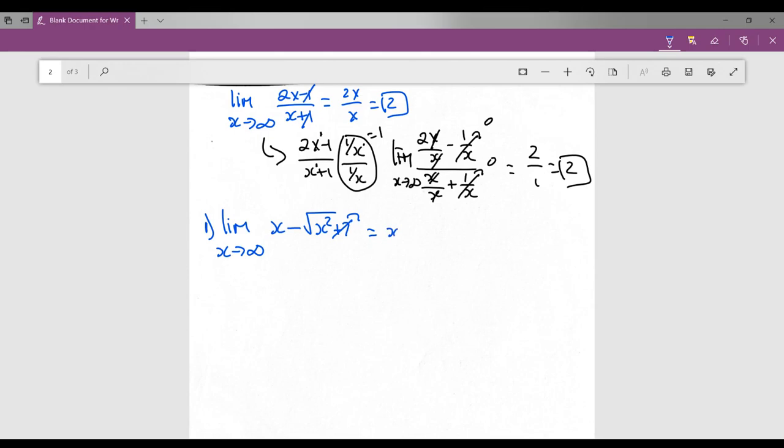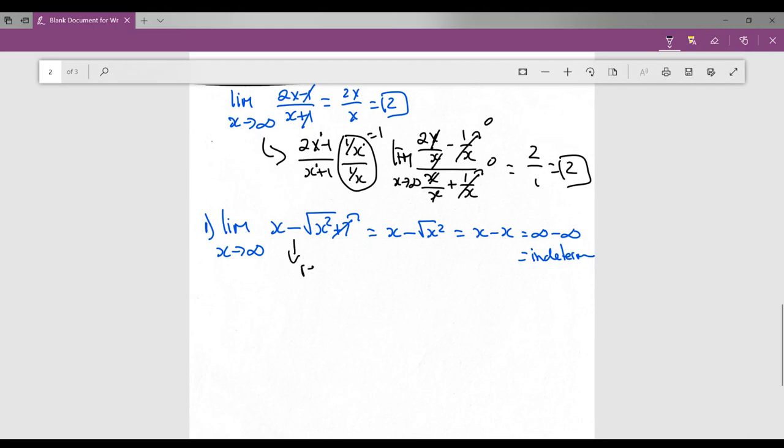Well, we get x minus the square root of x squared, and the square root of x squared is x. We get x minus x, which is actually, because we're doing the limit as x goes to infinity, infinity minus infinity, that is indeterminate. Right? Because we don't know which infinity is bigger. It's not 0. So we have to rewrite this.